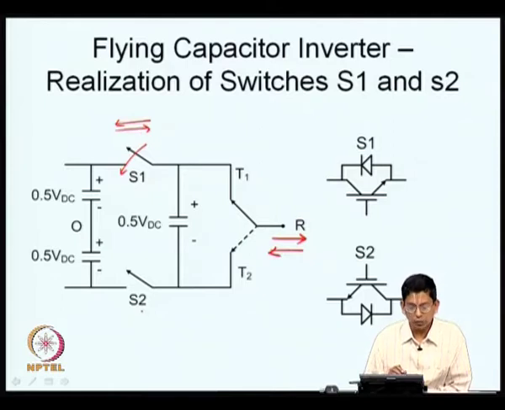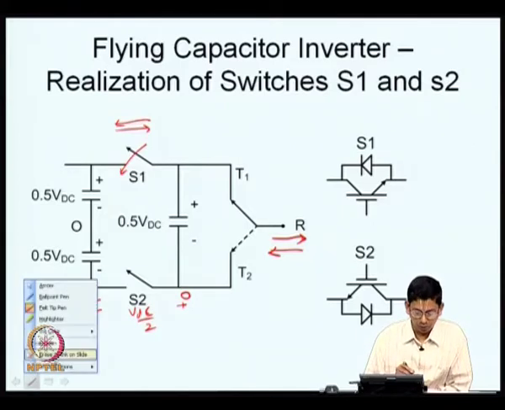How about S2 correspondingly? Now, what we have done is S2, this side potential is equal to 0, whereas this side potential is equal to negative. So, S2 is actually blocking a potential which is plus on this side and minus on this side, and the potential is equal to VDC by 2.